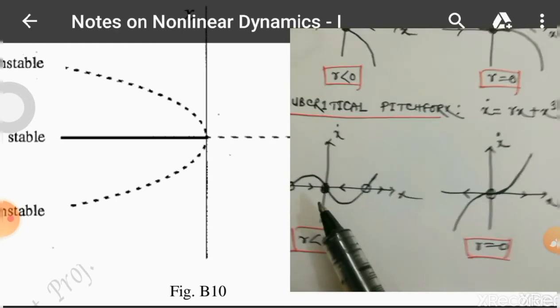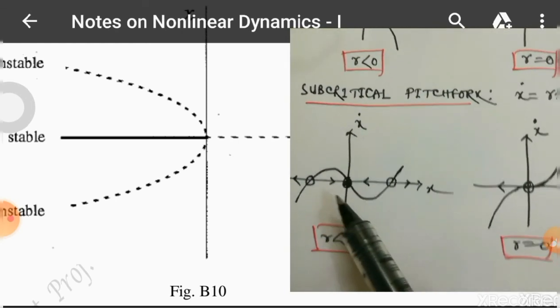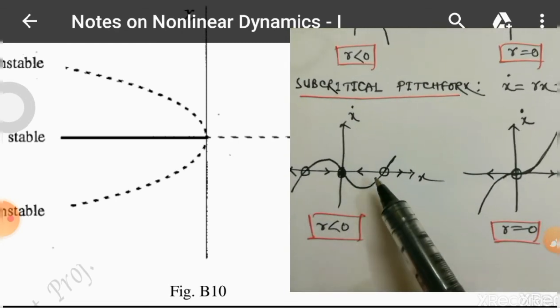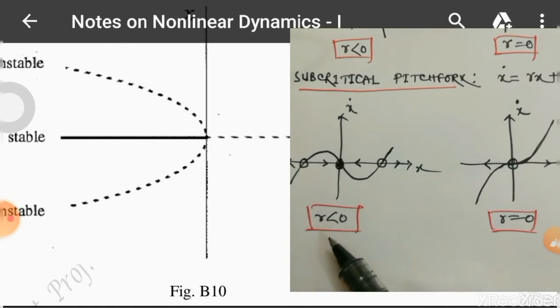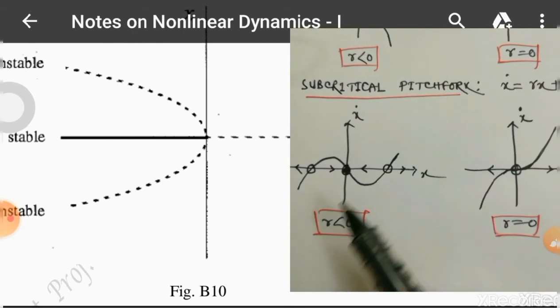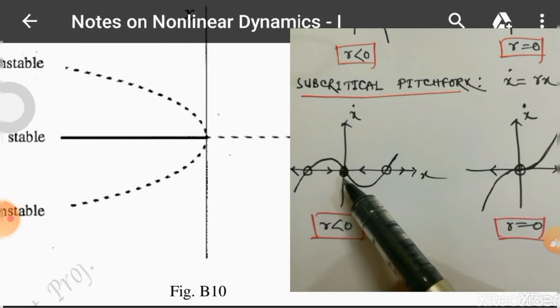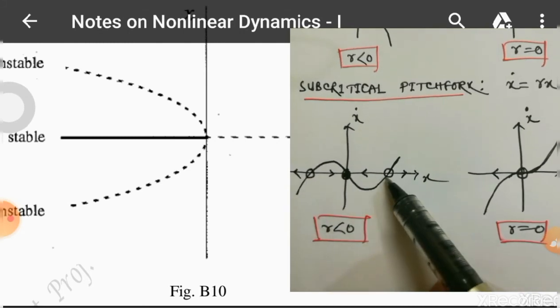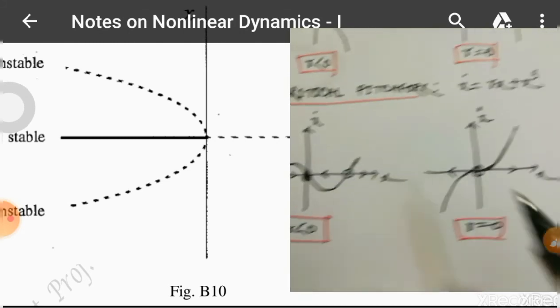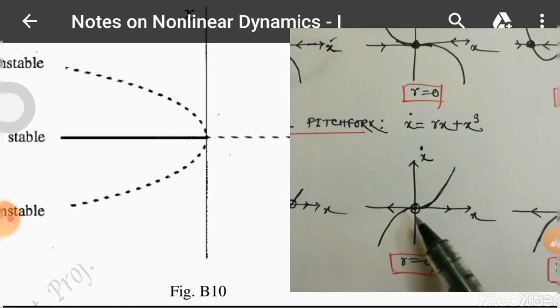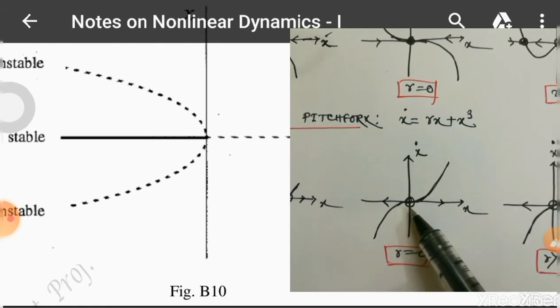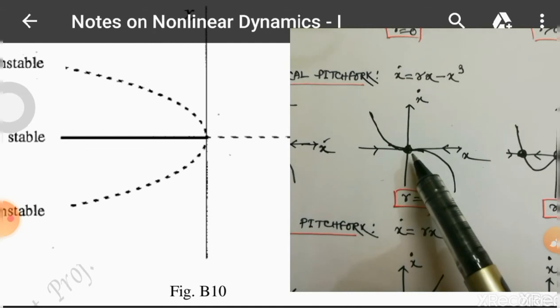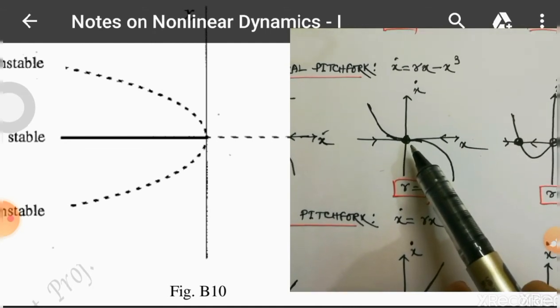For the subcritical bifurcation, for the condition r less than 0, there are three fixed points, where the origin is stable and the other two fixed points are unstable. At r equal to 0, the fixed point is unstable, which was a stable fixed point in the case of supercritical bifurcation.